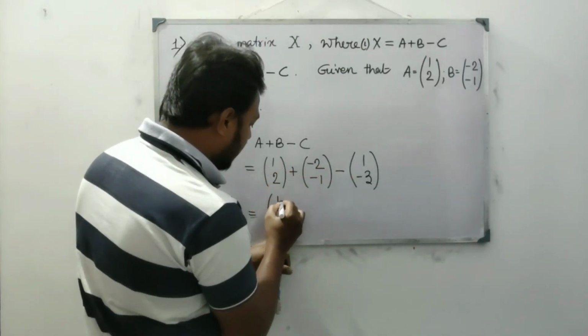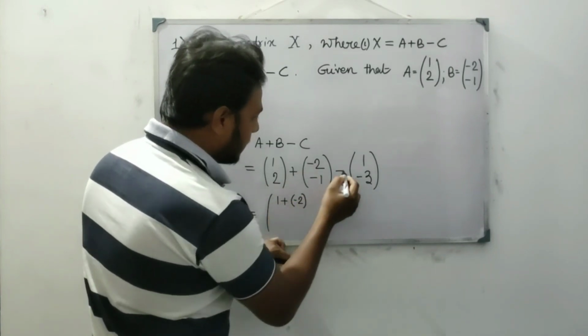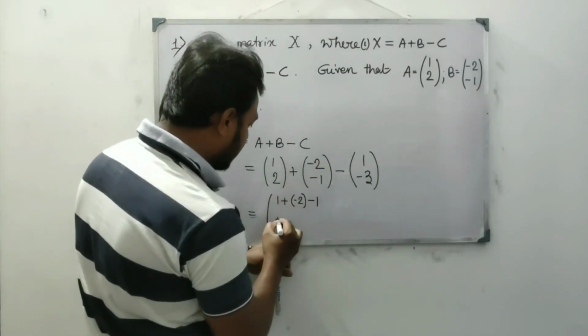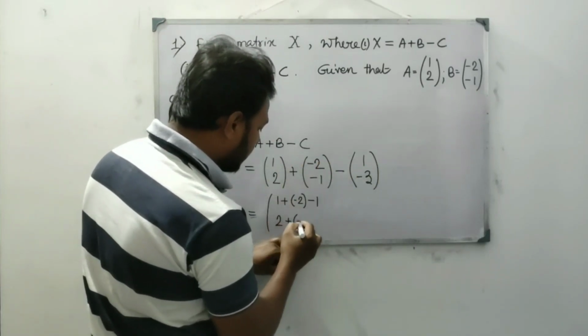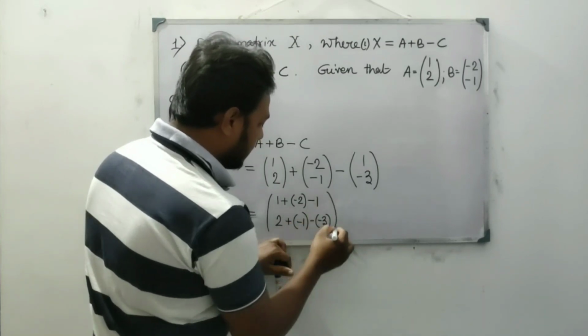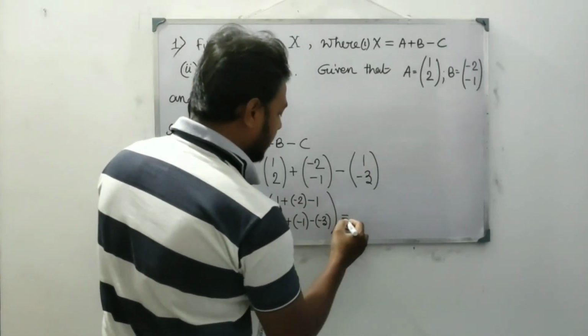So then 1 plus of minus 2 minus 1, this completes the first element, and for the second element 2 plus of minus 1 minus of minus 3. Okay, so now simplify.